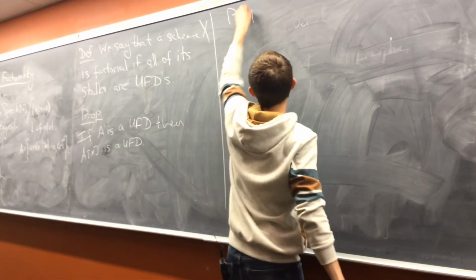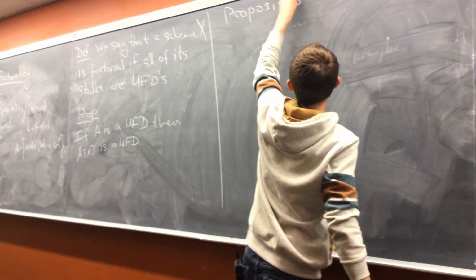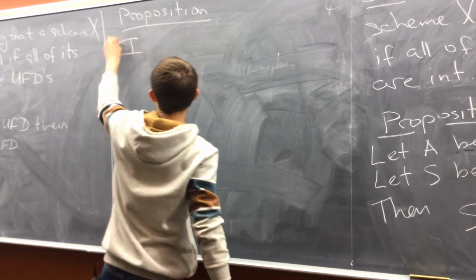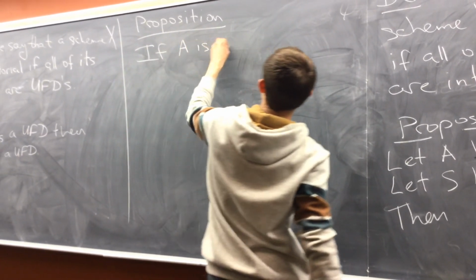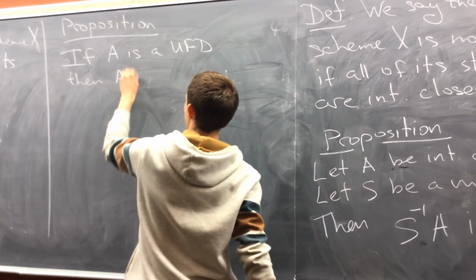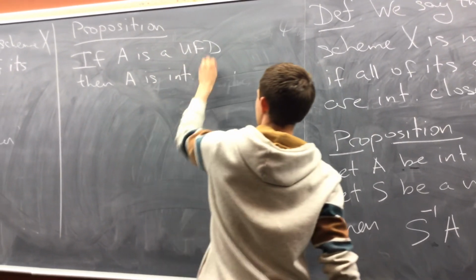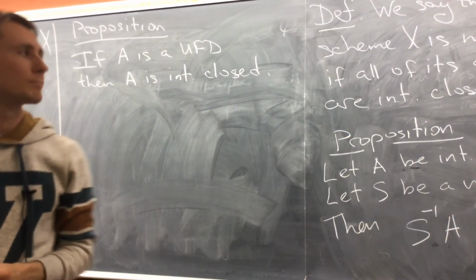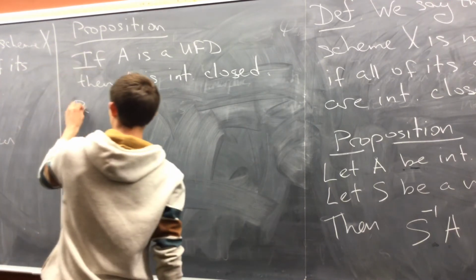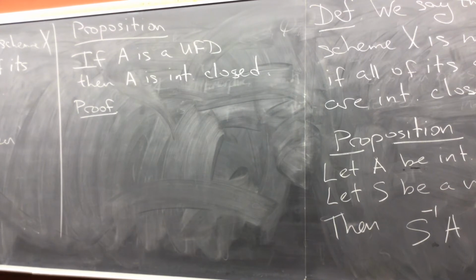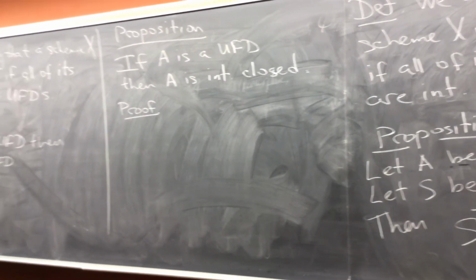So this proposition: if A is a UFD, then A is integrally closed. Okay? And the proof of this fact is the following one. You know what? Let me actually reformulate it. I'm going to make it in the form of properties, like that.